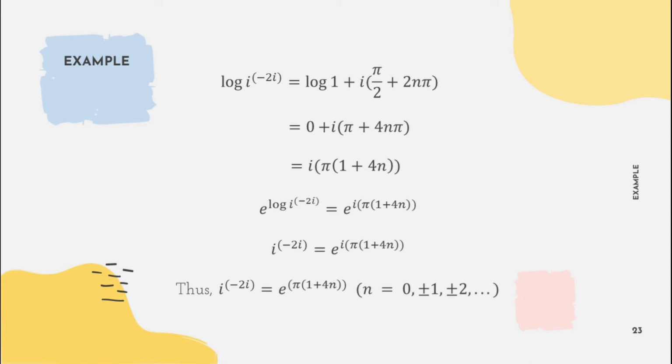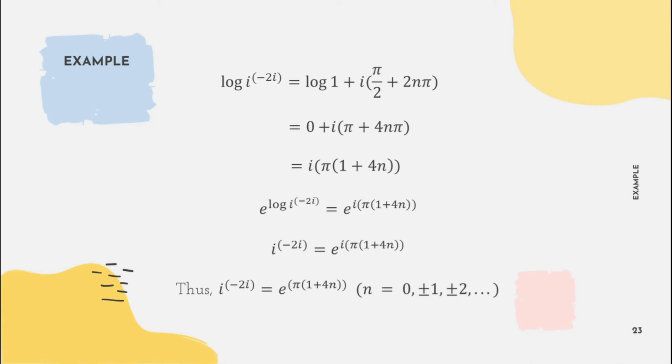In the logarithmic function material, exp(log z) is equal to z. So, exp(log i^(-2i)) is equal to i^(-2i). The equation changes into i^(-2i) is equal to exp(iπ times (1 plus 4n)).